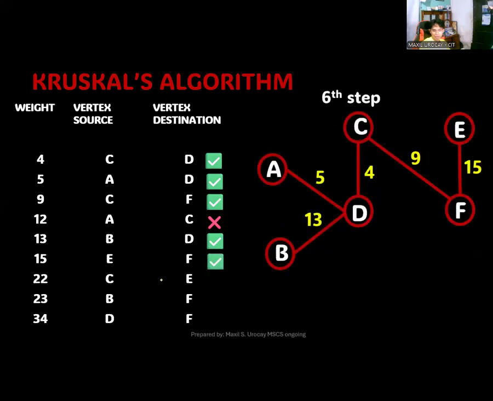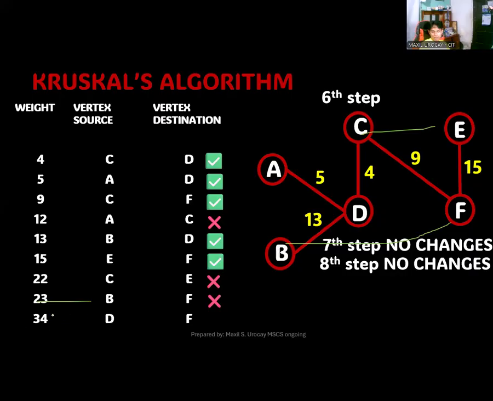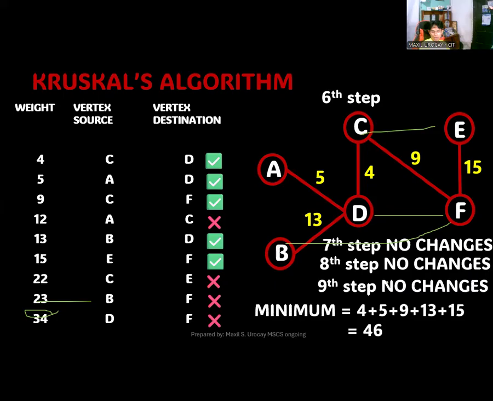For 22, that is C to E, that will form a cycle, so you reject that one. For 23, that is B to F, that will form a cycle, so it is rejected. For 34, that is D to F, that will form a cycle, so disregard that one.